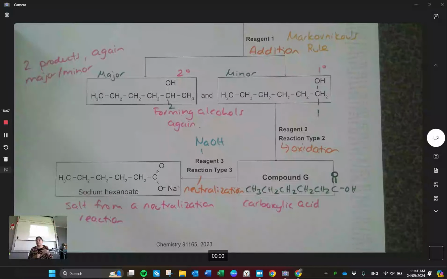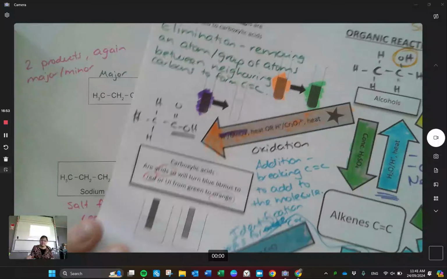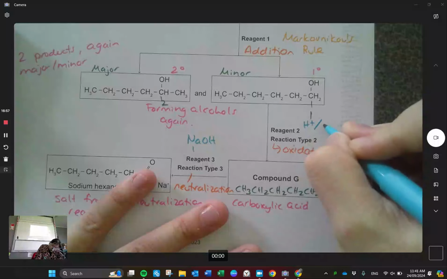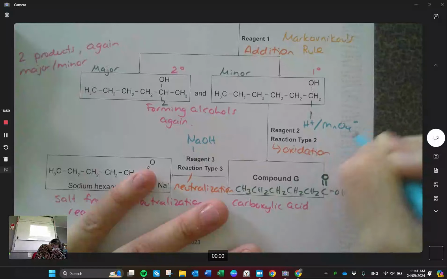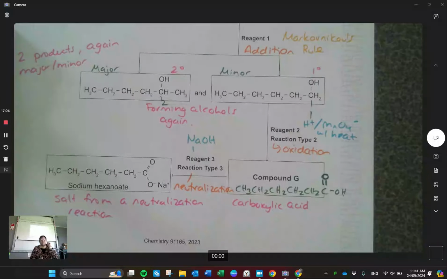Just make sure you have heat and it is acidified. So there's two choices, the permanganate or the dichromate. Both of those work. So let's do the permanganate, MnO4 with heat. You could also use, like I said, dichromate.